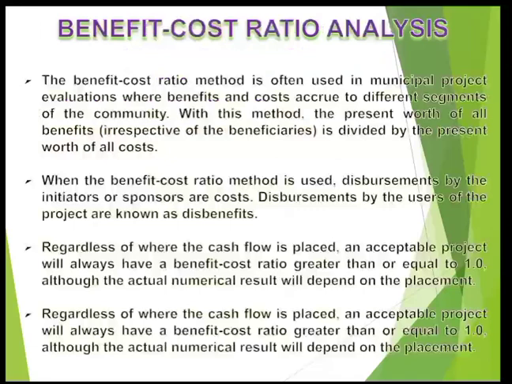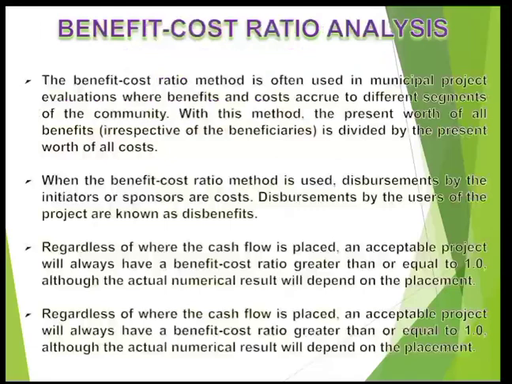When the benefit cost ratio method is used, disbursements by the initiators or sponsors are costs. Disbursements by the users of the project are known as benefits. It is often difficult to determine whether a cash flow is a cost or a benefit.